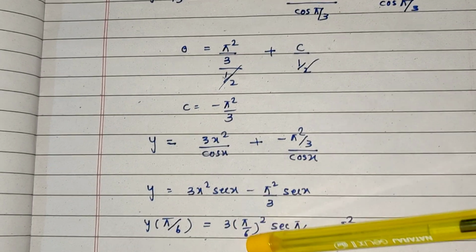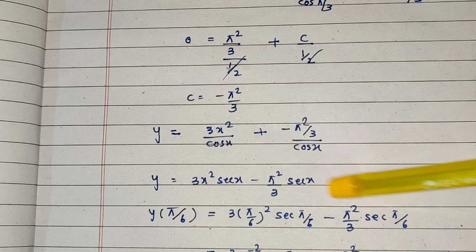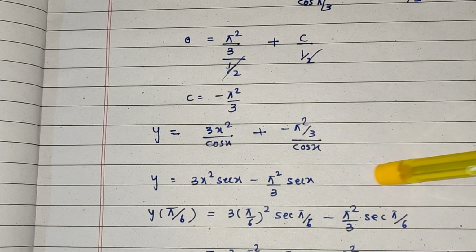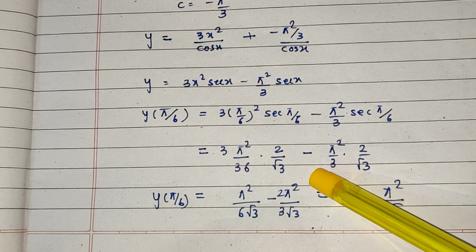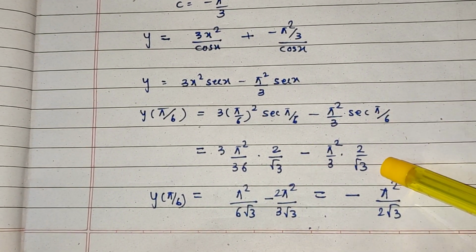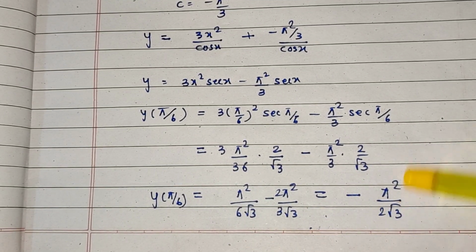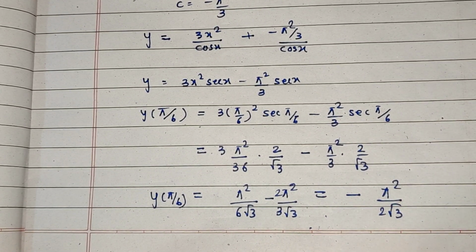Substitute x is pi by 6 here. 3 pi by 6 square sec pi by 6, minus pi square by 3 and sec pi by 6. Sec pi by 6 is 2 upon root 3. 2 upon root 3 here we write, so that y of pi by 6 we are getting minus pi square upon 2 root 3 after simplifying.